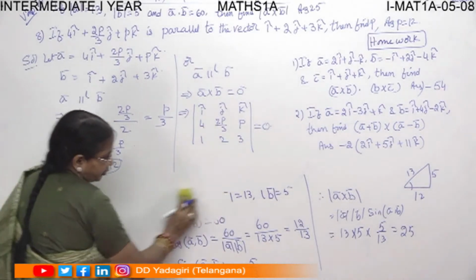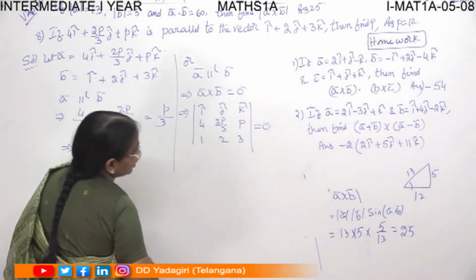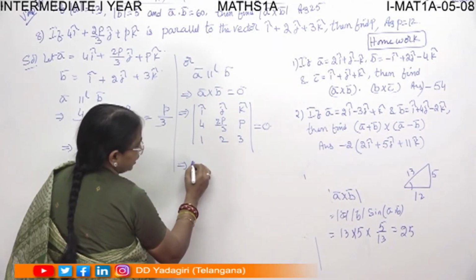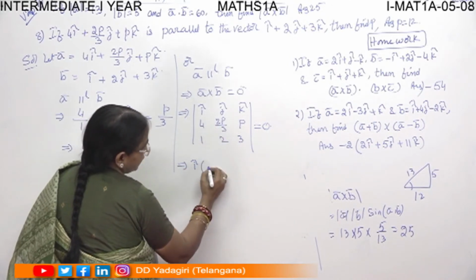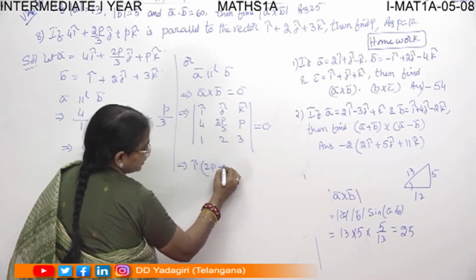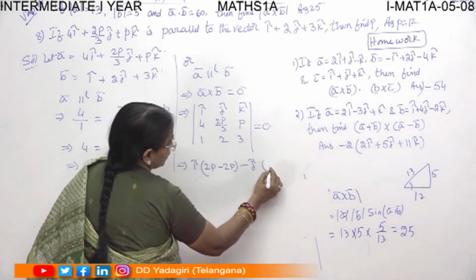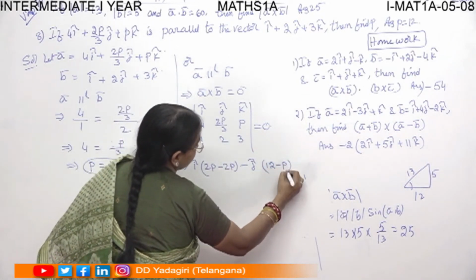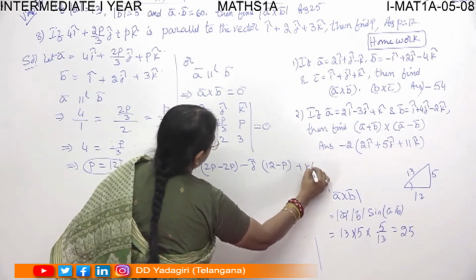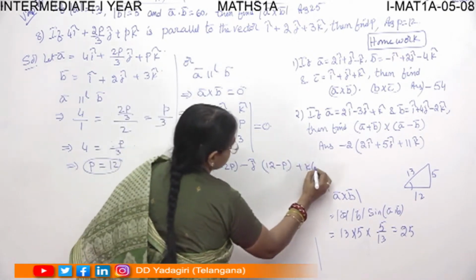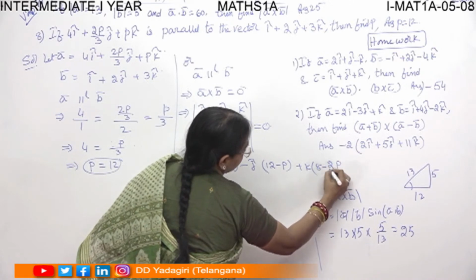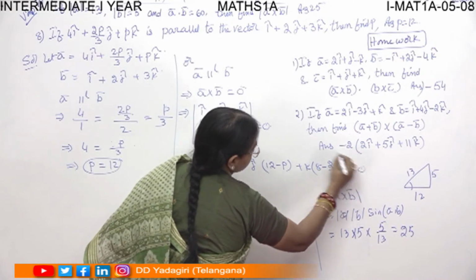Now find the determinant. This implies i into 2p minus 2p, that is 0, anyhow it is 0, minus j into 4 3s are 12 minus p, plus k into 4 2s 8 minus 2p by 3. 8 minus 2p by 3 is equal to 0.